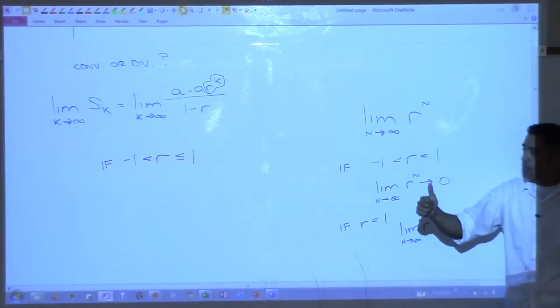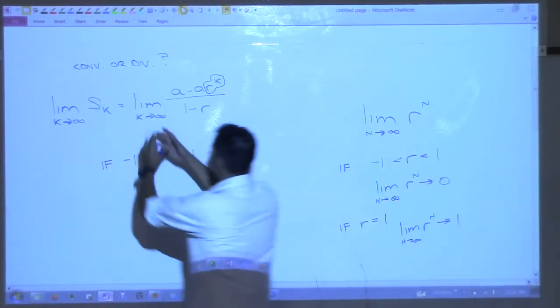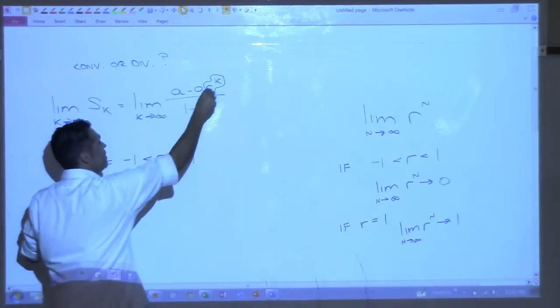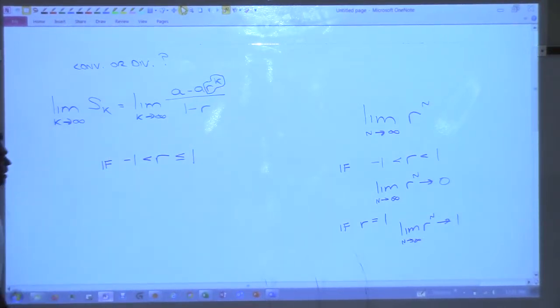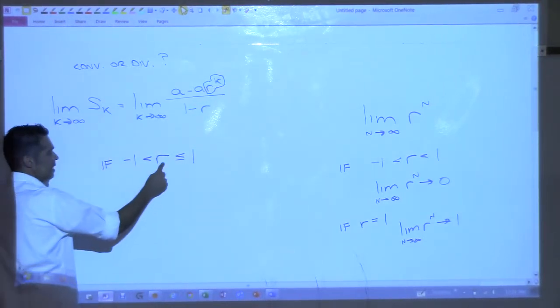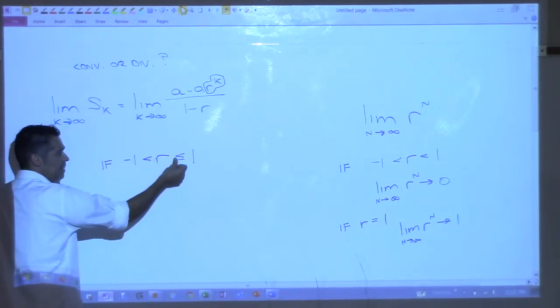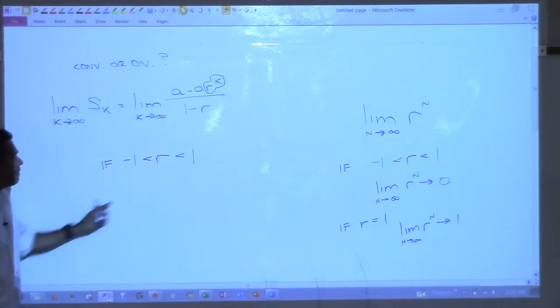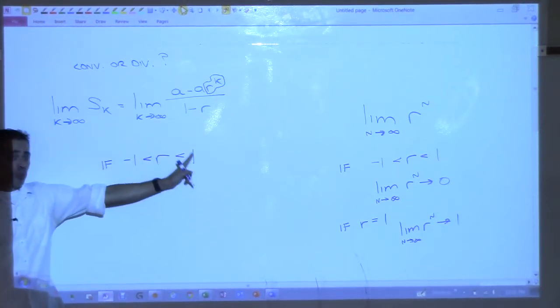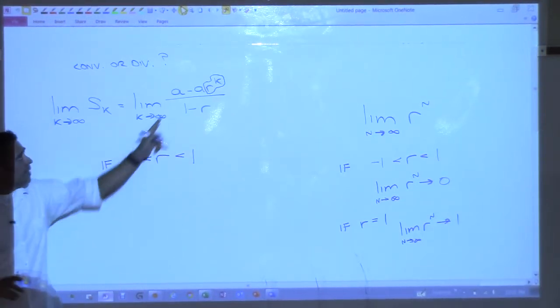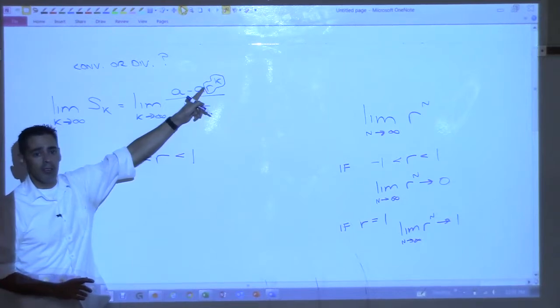So come back over here. This sequence we're looking at, this piece right here. If the r is between negative 1 and 1, and we take this out, what can we say would happen? That thing goes to 0, doesn't it?